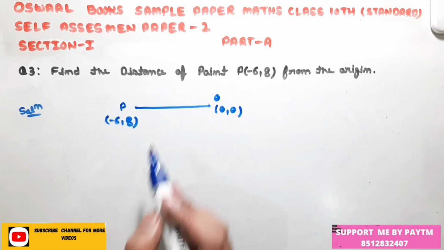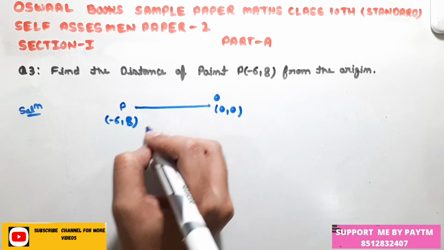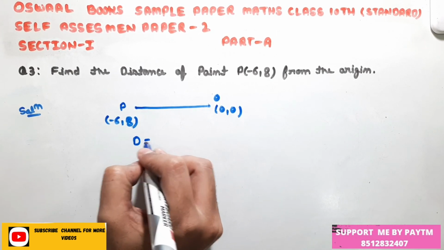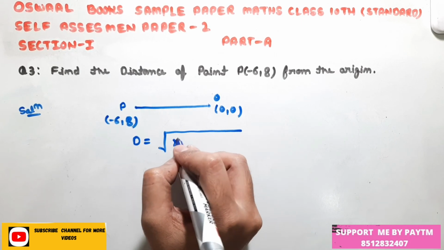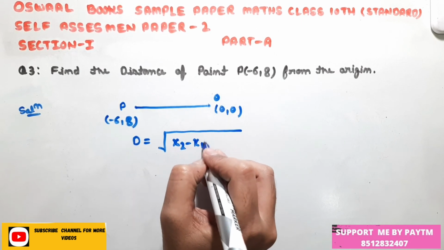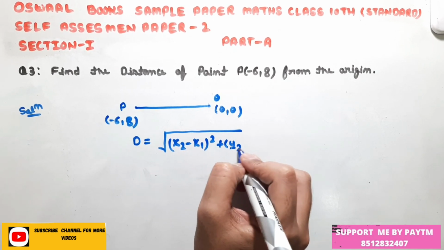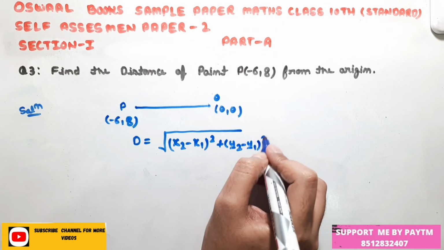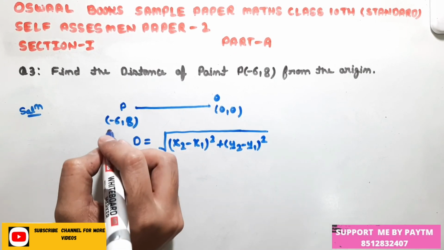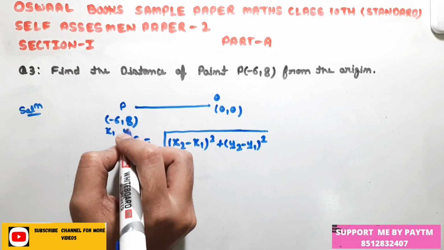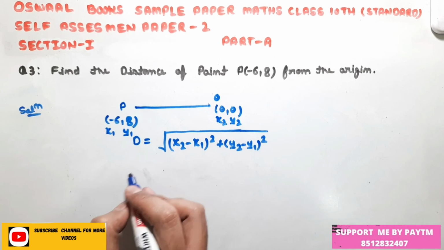So distance between point P and origin O will be d, that is given by under root x2 minus x1 whole square plus y2 minus y1 whole square. Here this is x1, this is y1, this is x2 and this is y2.